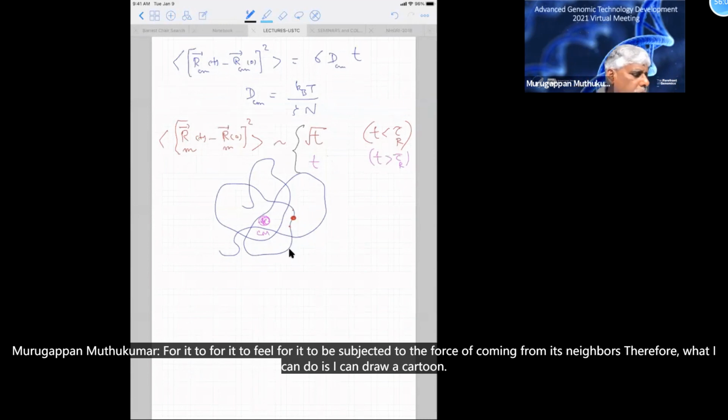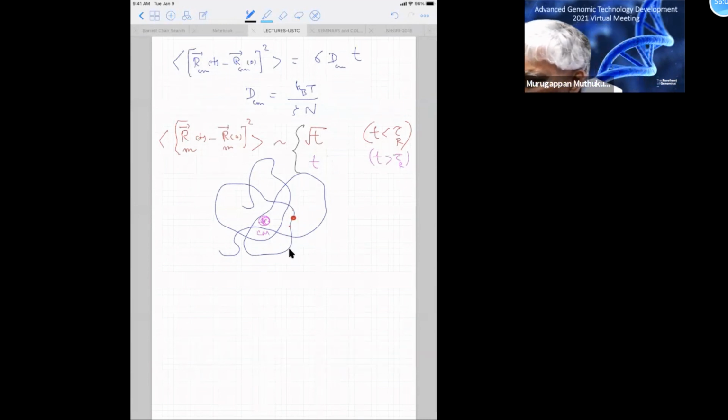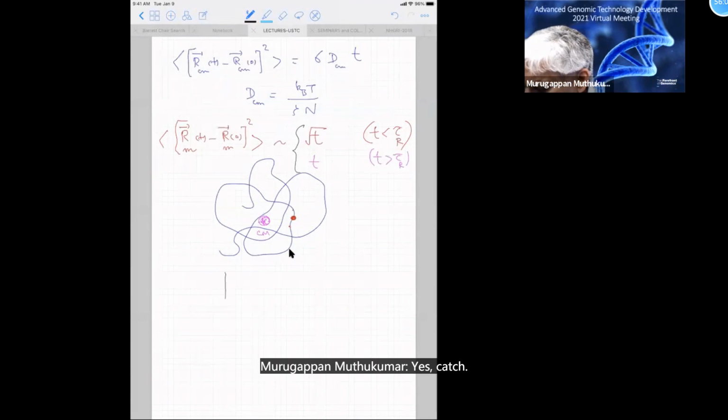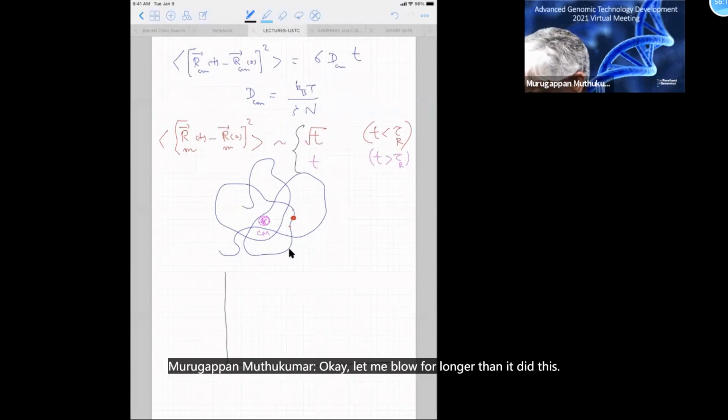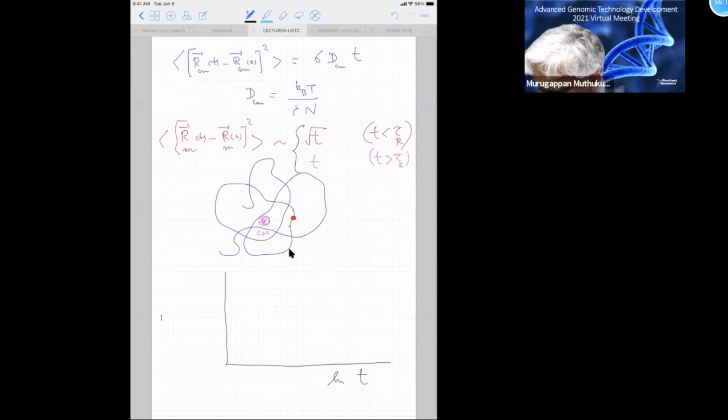Therefore, what I can do is draw a cartoon, a sketch. Let me plot the logarithm of t. This is the average of (R_m(t) minus R_m(0)) squared.